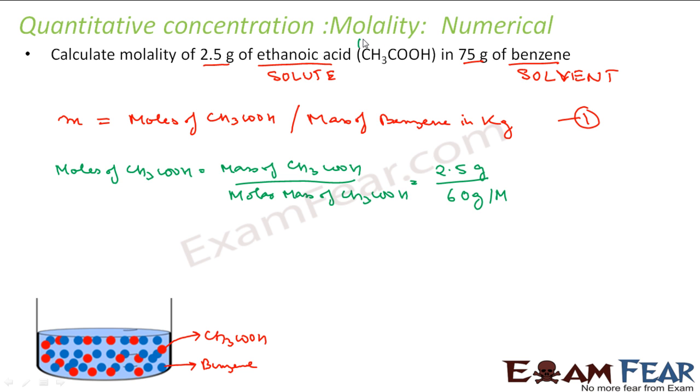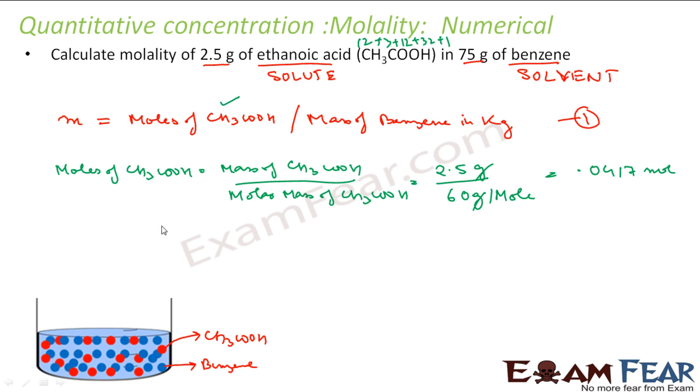You put carbon as 12, hydrogen as 1 into 3 is 3, plus again carbon as 12, here 2 oxygen, 32, and 1 hydrogen. You add this, you will get 60 grams per mole. So if you solve this, you get 0.0417 mole, right? Gram cancels and mole comes out. This is my moles of ethanoic acid.